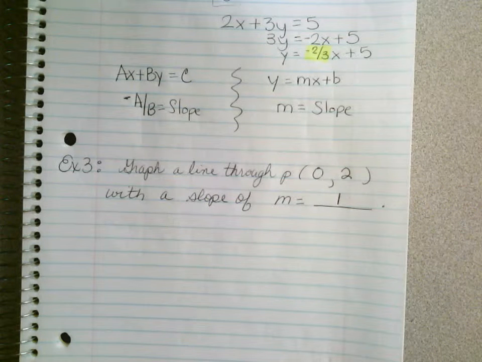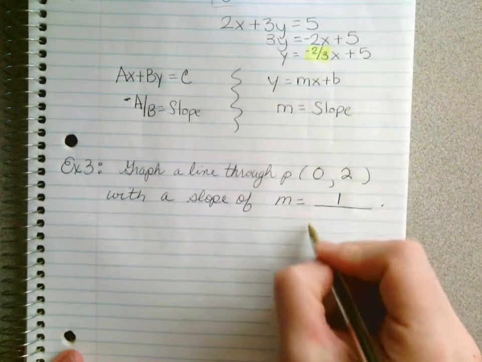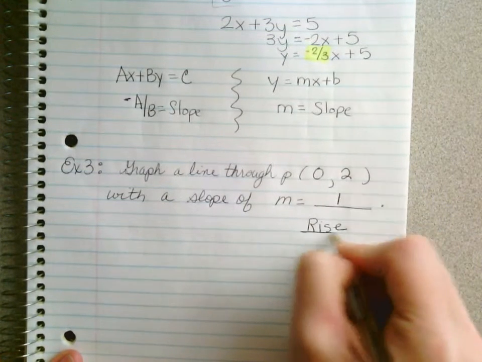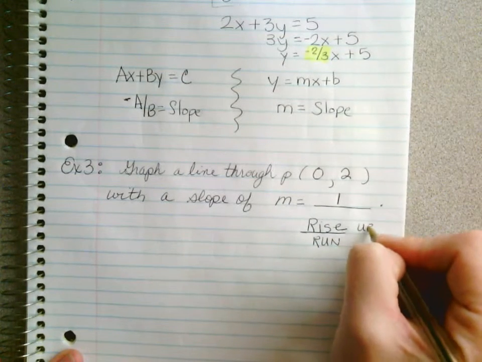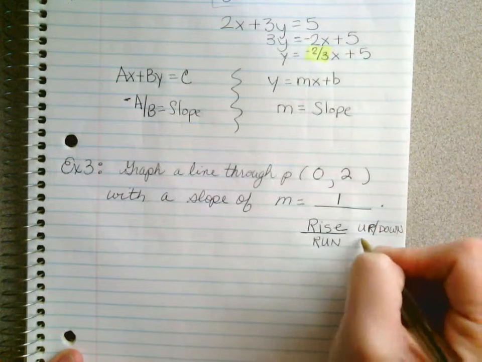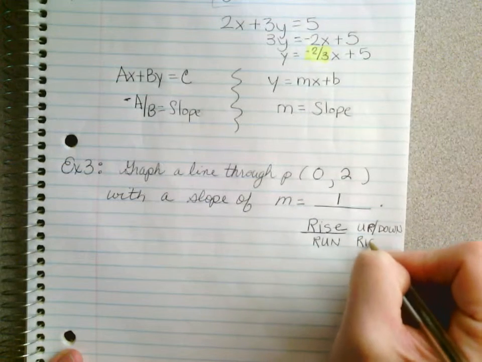In their example, they tell you that slope is defined as rise over run. Rise is up, down, but run, we always move right when we're drawing.